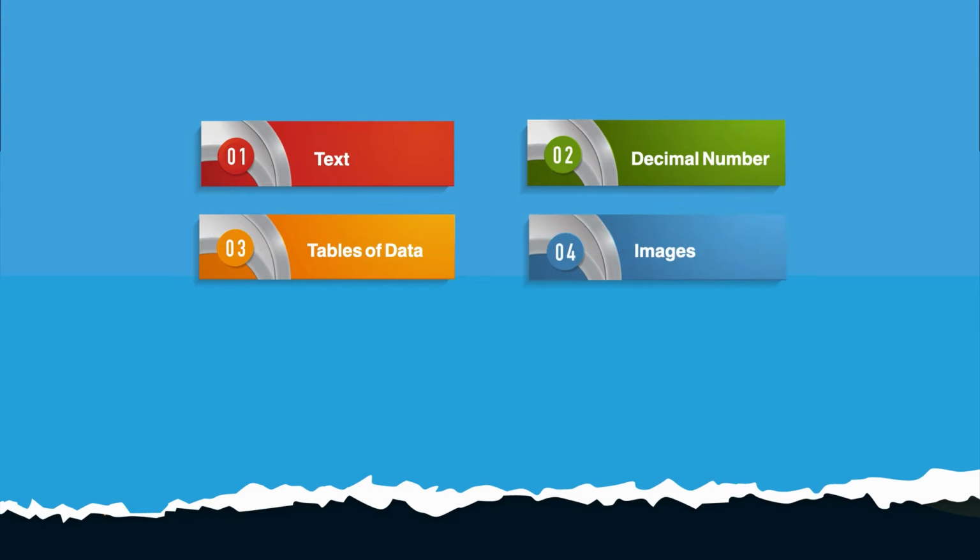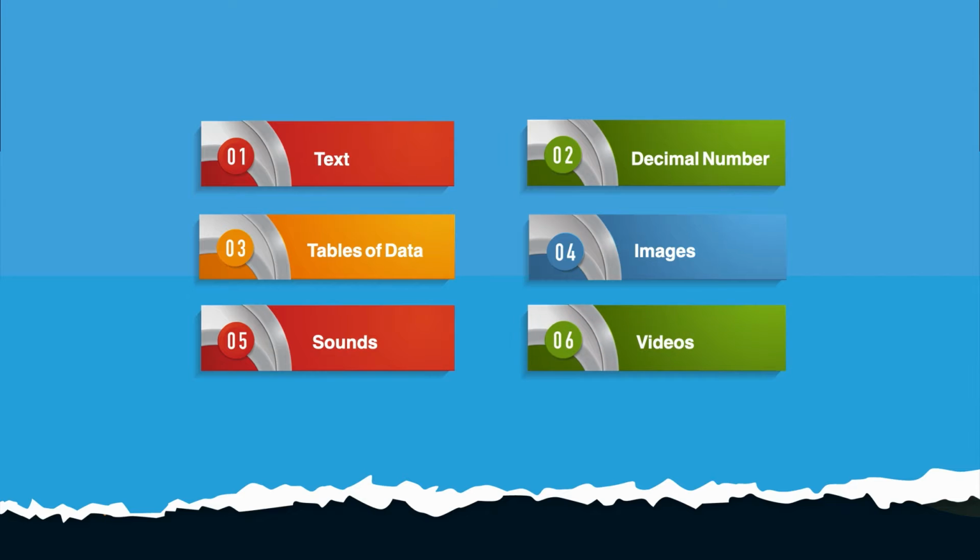We will be working with text, decimal numbers, tables of data, images, sounds, videos, and all sorts of data. And programming languages like Python will categorize this data. In other words, different kinds of data like text or decimal numbers and whole numbers will have a different category, meaning they will have a different data type.